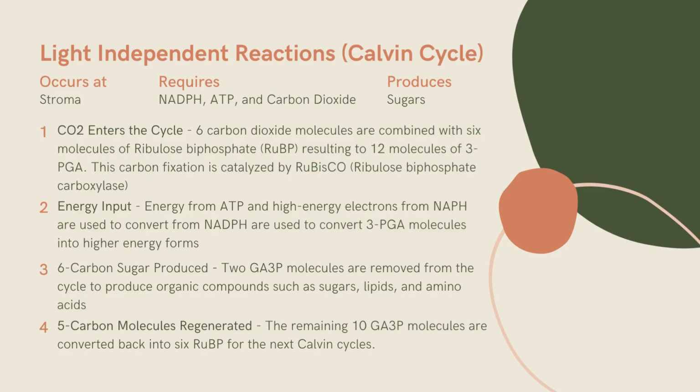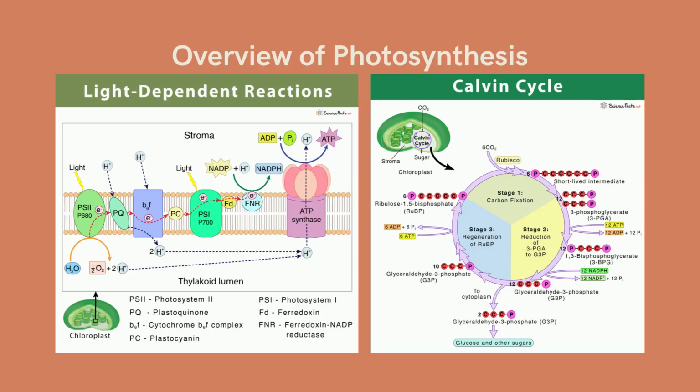So, just the summary of the photosynthesis. We have two parts: light-dependent reactions and the Calvin cycle. Light-dependent reaction is the process that converts light into ATP and NADPH.